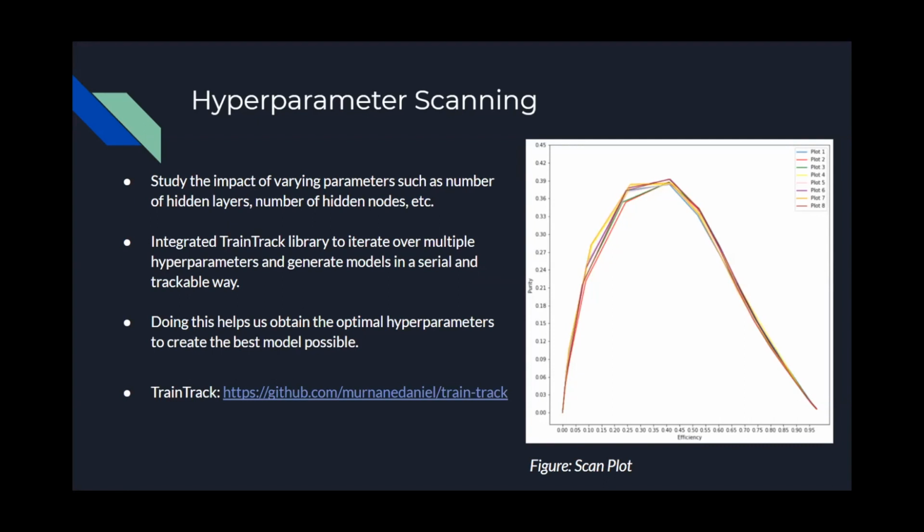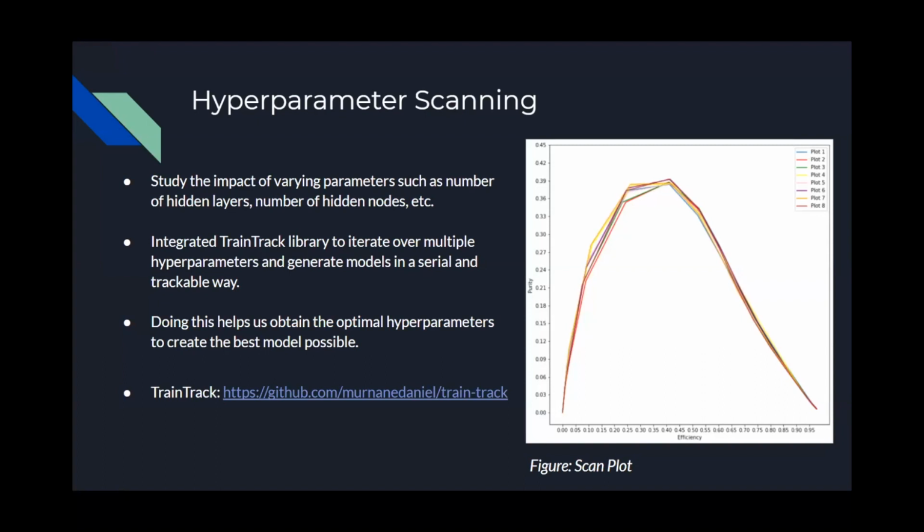The other thing that I looked at was the hyperparameter scanning. That is to understand the impact of varying hyperparameters such as number of hidden layers, number of hidden nodes, the K for hard negative mining, etc. I used Daniel's strain track library that allowed me to iterate over multiple hyperparameters and generate models in a serial and trackable fashion.